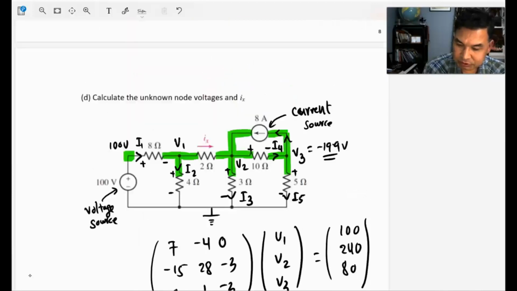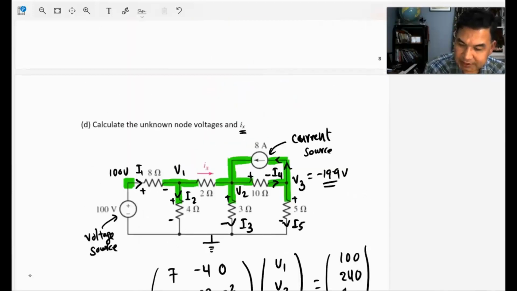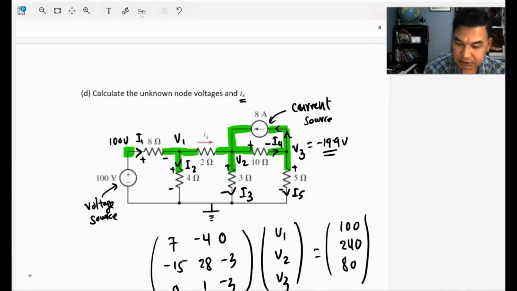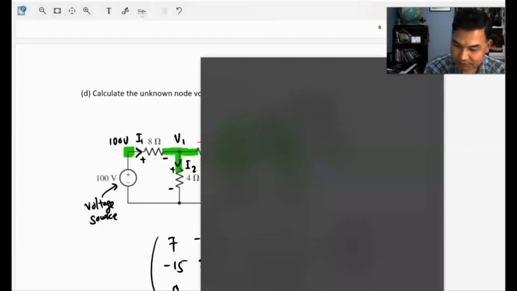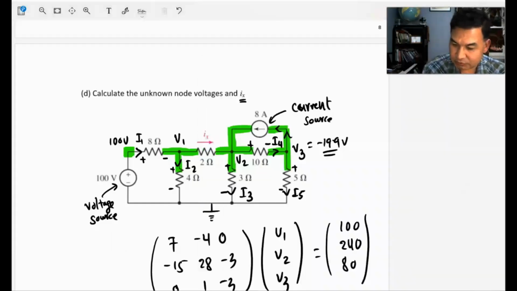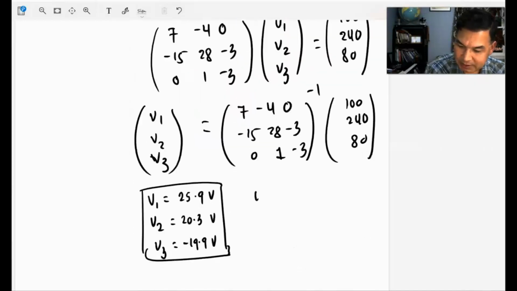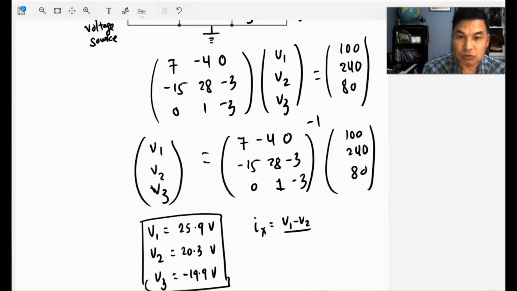There's one more question on this. What is IX? IX is here. IX is the current through the 2 ohm resistor, and you can find it very easily because we already know the nodal voltages V1 and V2, and IX is just V1 minus V2 divided by the resistance, 2 ohm.